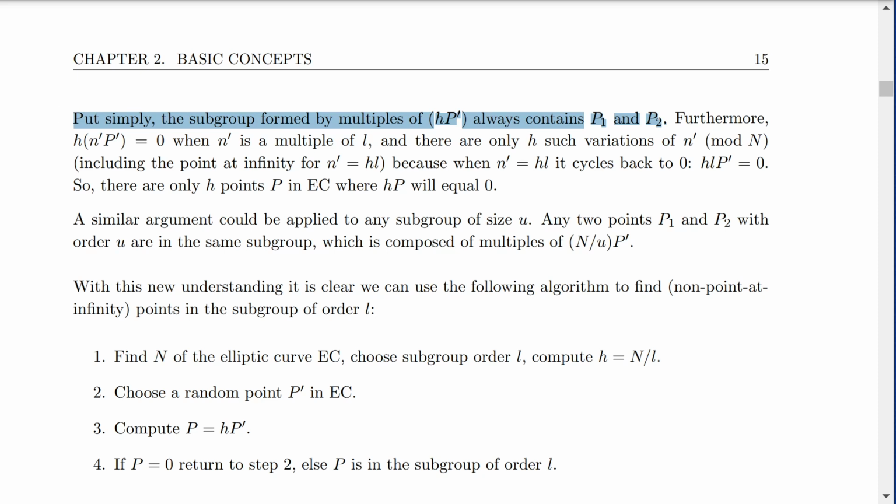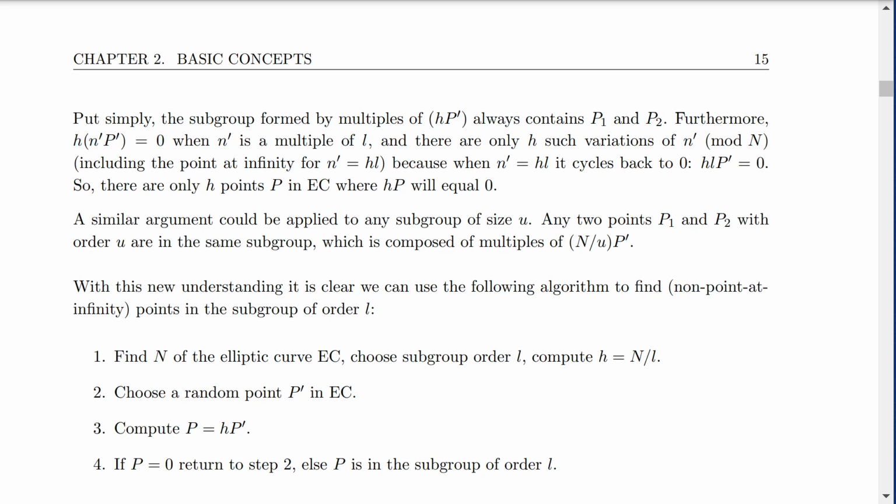And furthermore, we note that h times n prime times P prime is equal to 0 whenever n prime is a multiple of L, right? In the case where n is equal to h times L and n times P prime equals 0, well, h times L times P prime, just replacing n in that equation with hL, and in this case, recognizing that n prime is a multiple of L, well, that combination is always going to equal 0.